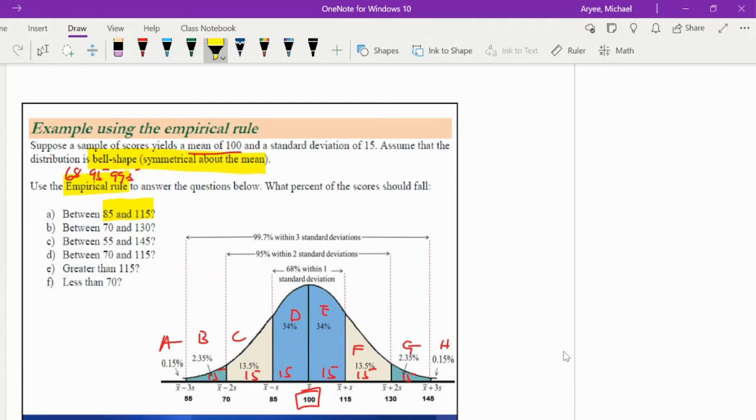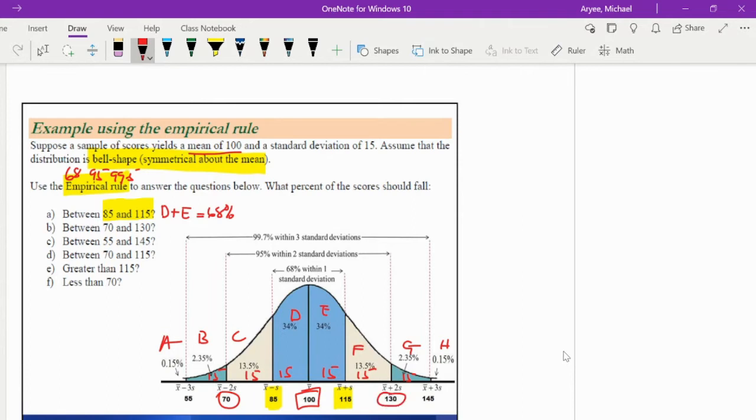Then the question says from 85 to 115. Here you are adding D plus E, and that would be 68%. The next one says from 70 to 130.